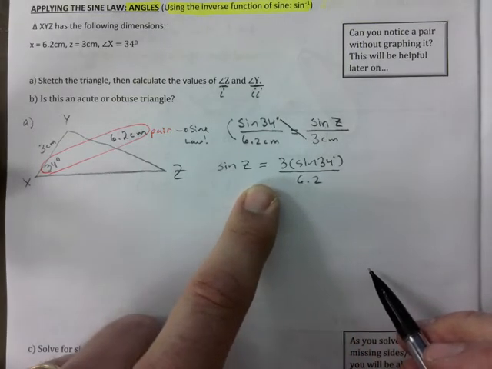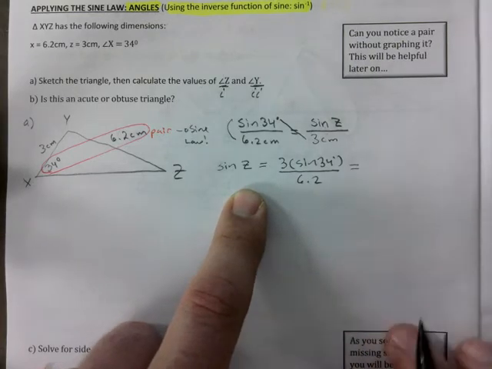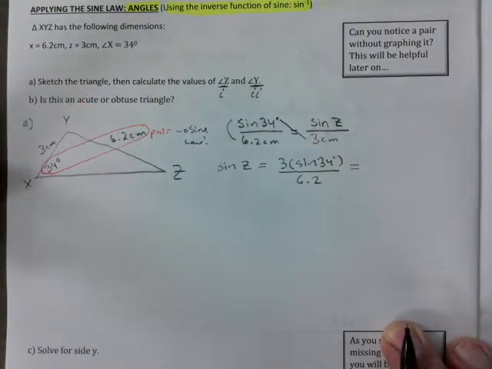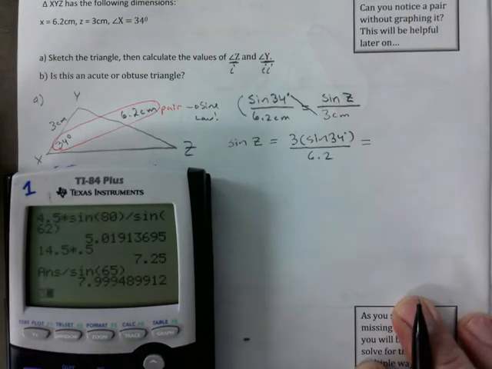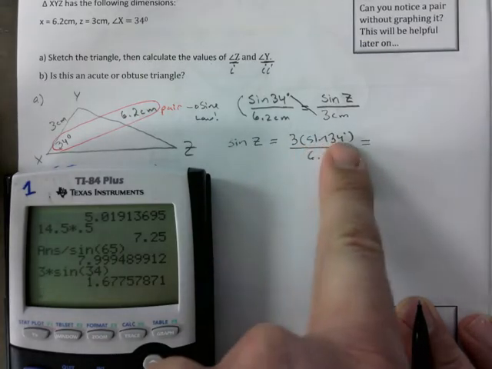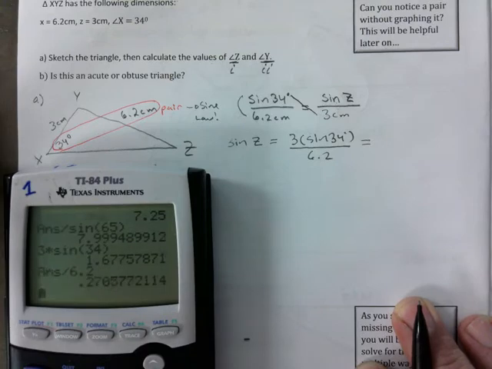Okay. And I will allow you to do this. Right next to it, we're going to figure out what that is. That's actually a decimal. So watch what I'm doing here. Just go 3 times sine. If you can follow along, go for it. Right? Get one thing out of the way. So I multiply the 3, and then I divide my answer by 6.2.